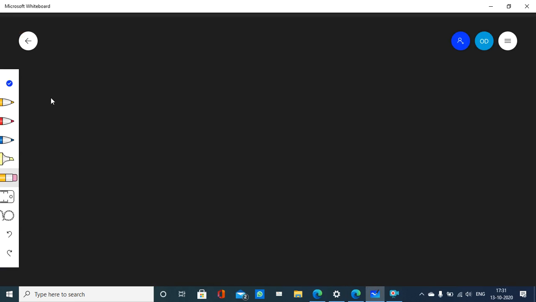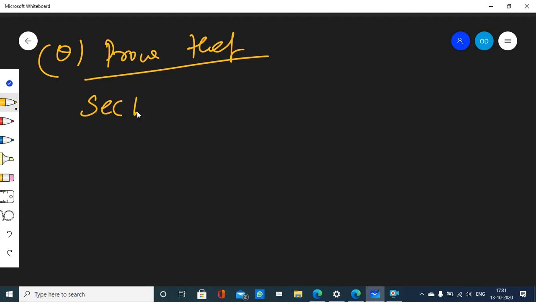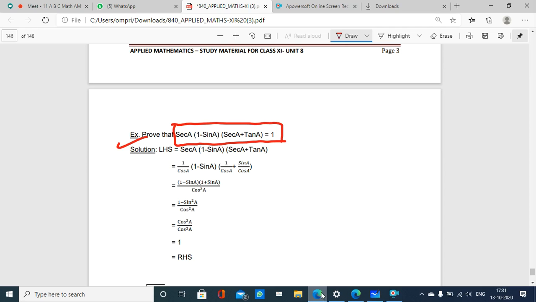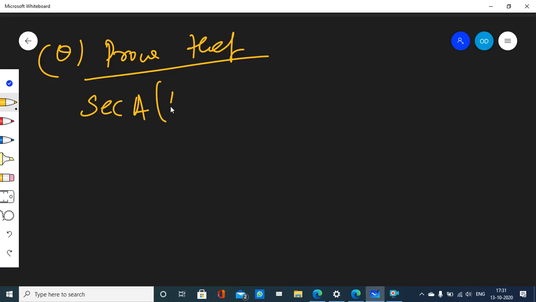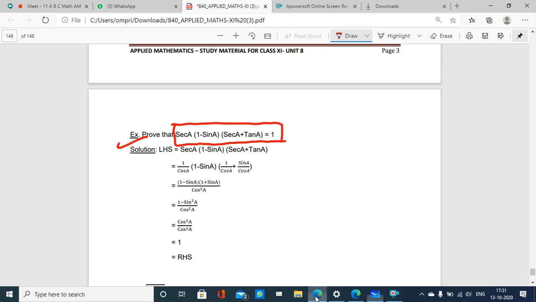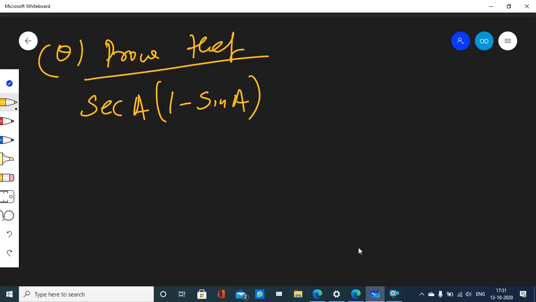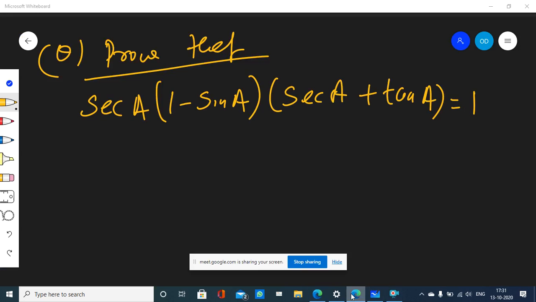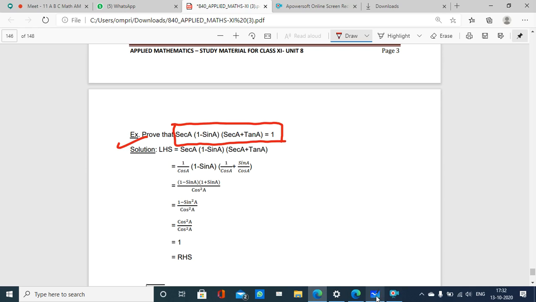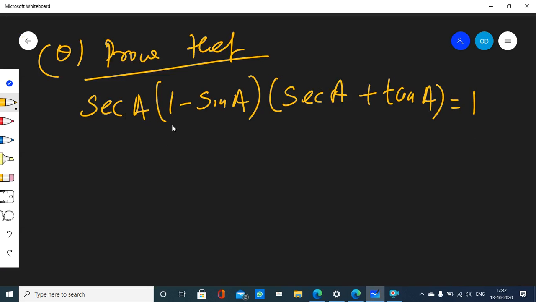Sec a into 1 minus sin a, into sec a plus tan a, is equal to 1. We have to prove that this entire expression actually reduces to 1. We have to prove that.